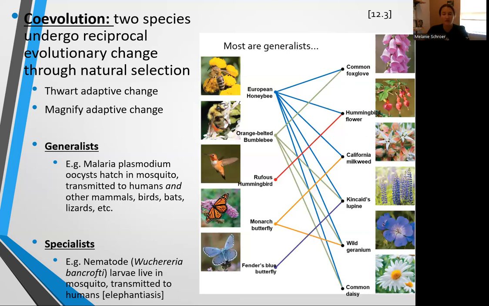Okay, so generalists and specialists, again, we see both types. Again, most species are generalists, but some are specialists as well.